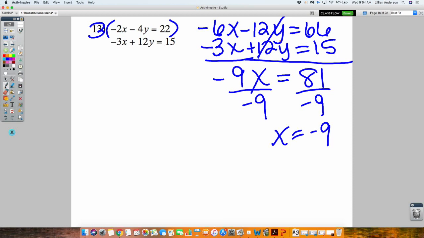Plug it back in to my original. Doesn't matter which one. I'm always prone to the top one. That's just me though. You can plug into the bottom one. Do the same thing. Negative 2 times negative 9. 18.